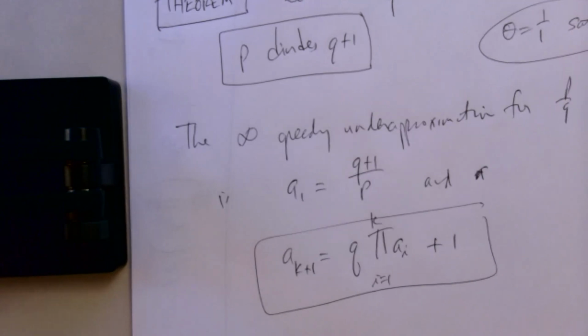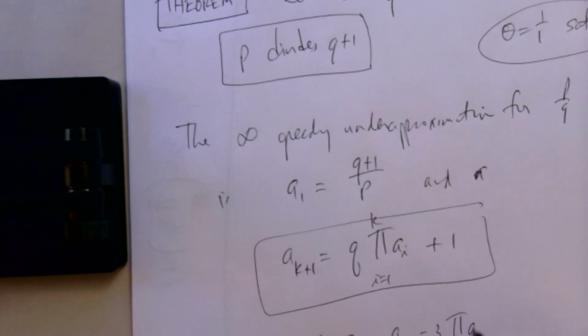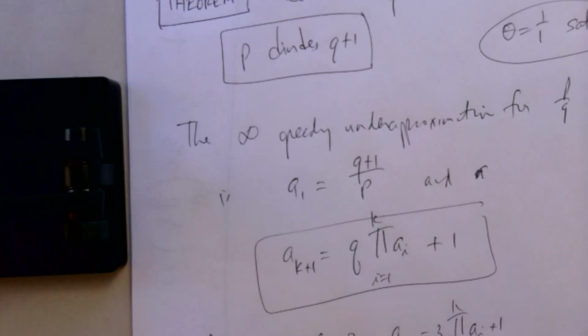So for example, it would work with 2/3. If you take P over Q to be 2/3, then A1 is 2, and A K plus 1 is 3 times the product of all the previous terms plus 1.